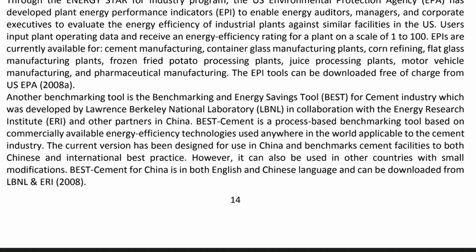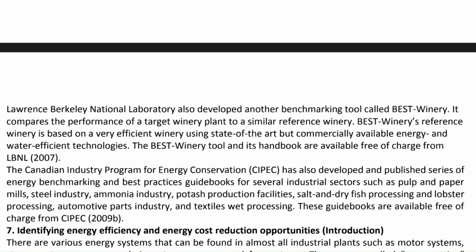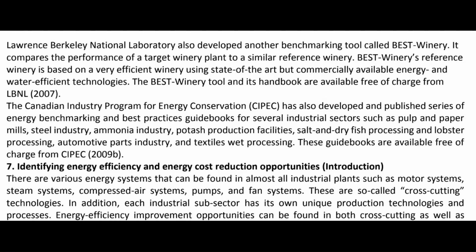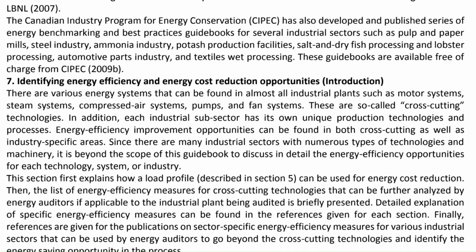This again is developed for different industries. The Canadian Industry Program for Energy Conservation has also developed different series. The process was also done to find cross-cutting technologies, that is, how we can minimize the usage of energy.